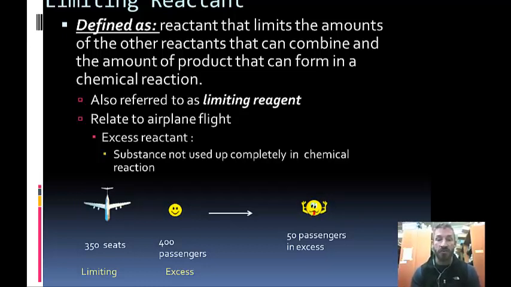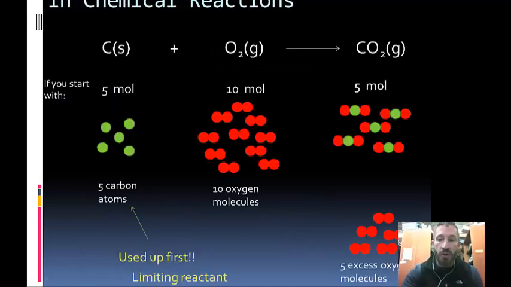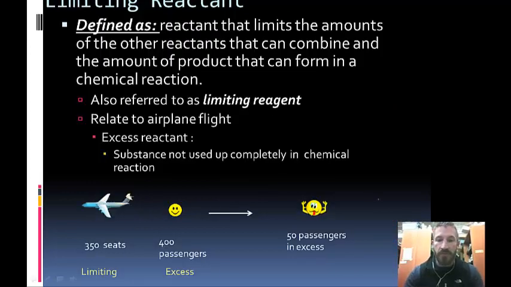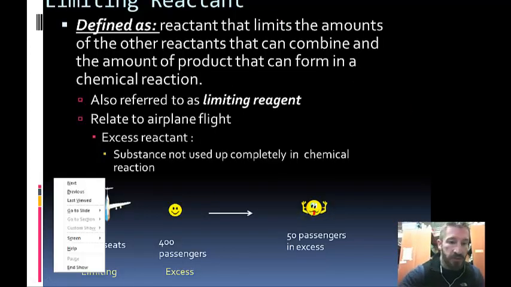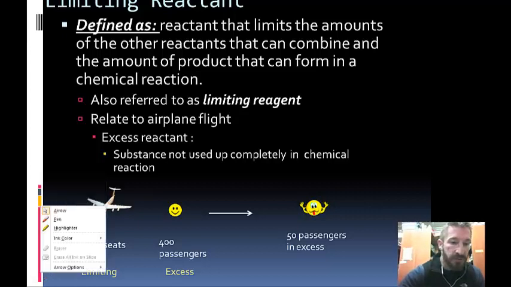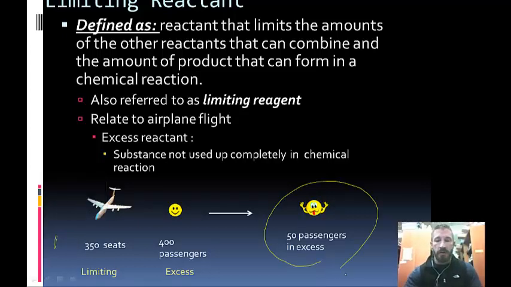So passengers would be excess, and the seats on the plane would be limiting. The 50 passengers who do not get on the plane are the excess, and the plane is the limiting.